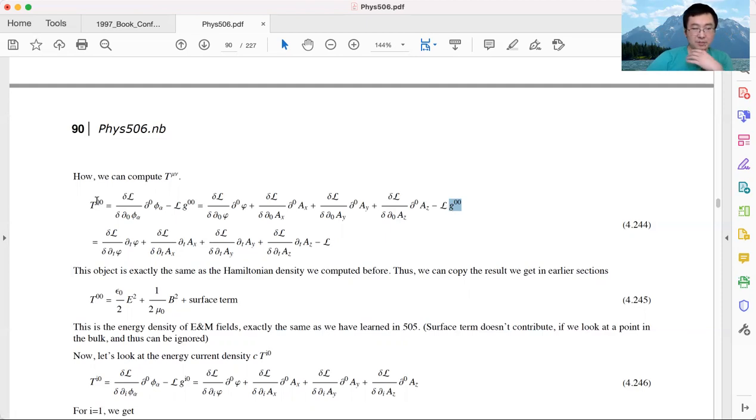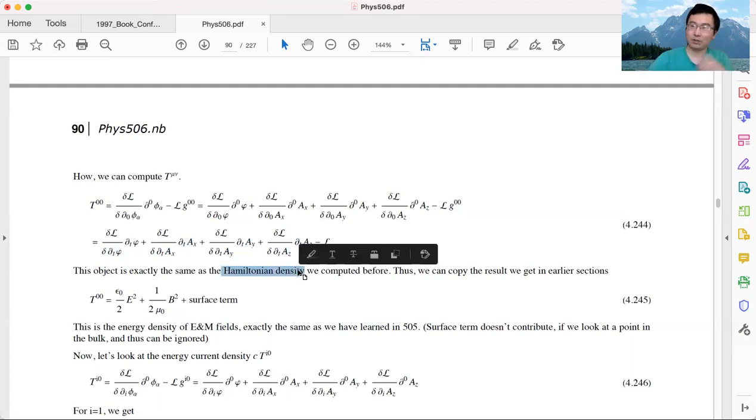And this whole thing is my T00, and we know T00 is the energy density. We can calculate this, but we don't really need to because we already did the calculation. If we go to the lecture notes of last week, you will notice that this is exactly the same formula we used to compute the Hamiltonian density.